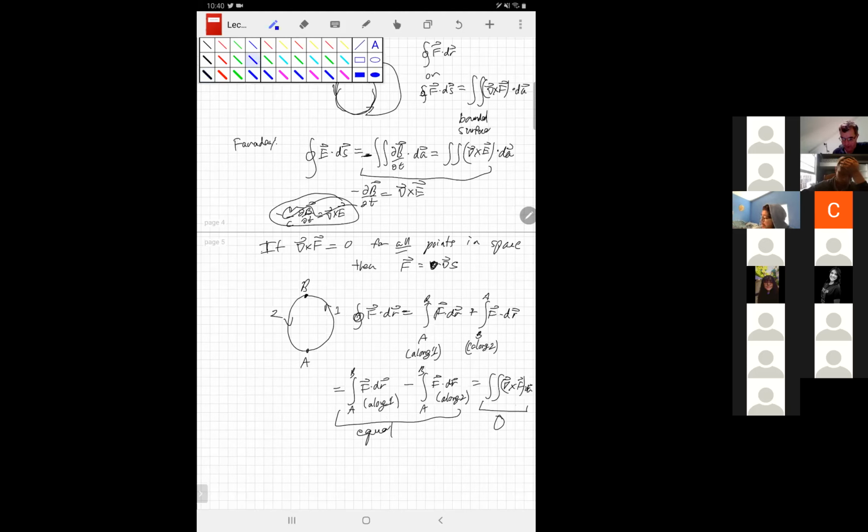And furthermore, I could have picked any other path. Instead of paths 1 and 2, I could have picked paths 2 and 3, or 1 and 4, or 3 and 4, or whatever. I could pick any pair of paths I want. I could construct some monstrosity of doodling.